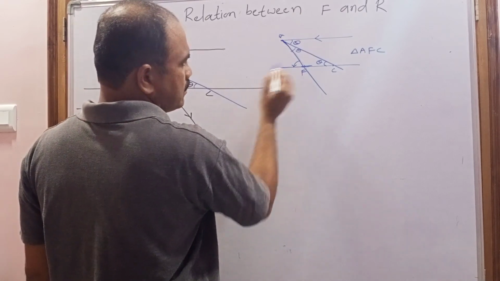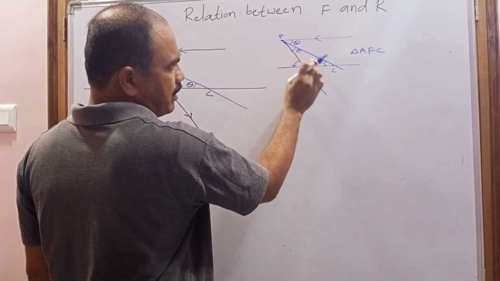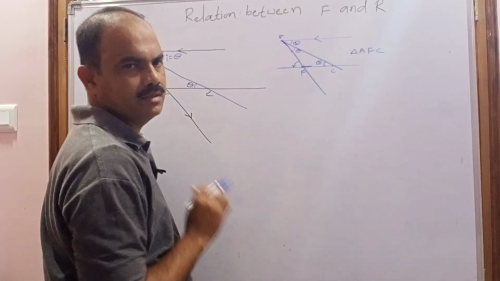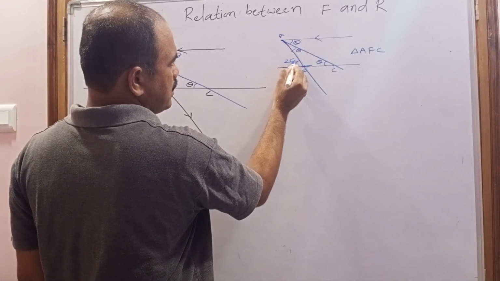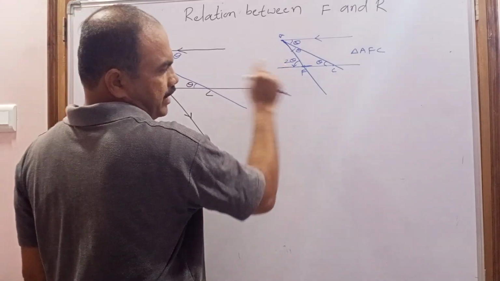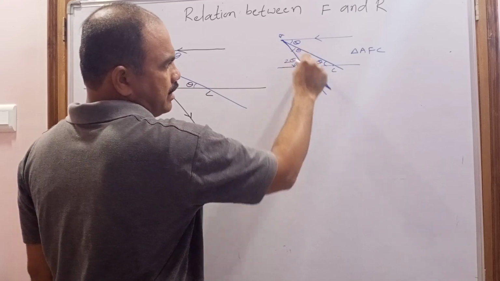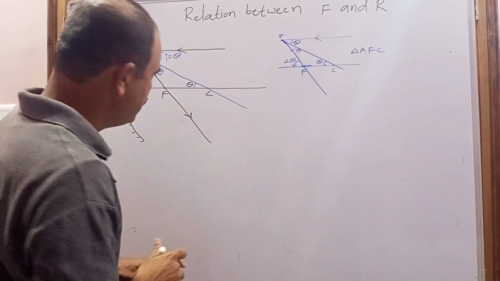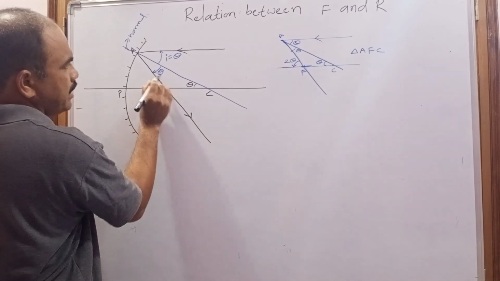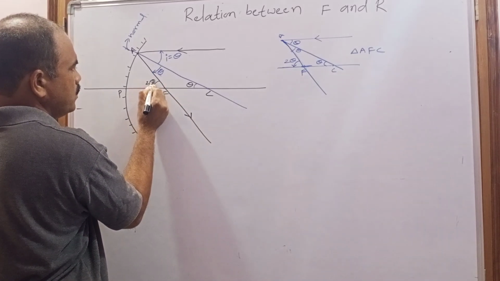In every triangle, the exterior angle is equal to the sum of the interior angles. So theta plus theta equals 2 theta. This is the exterior angle, 2 theta.